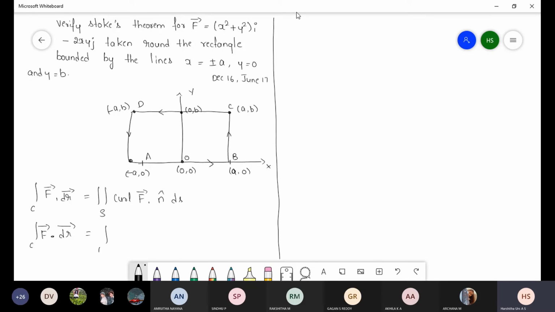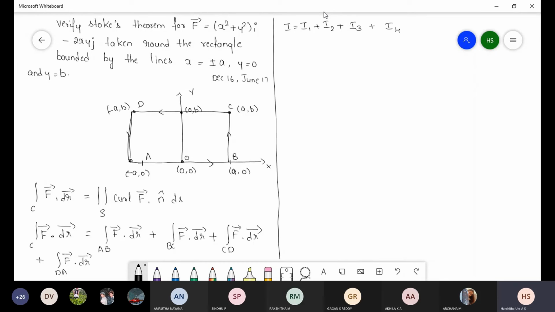So first curve A to B, vector f dot vector dr. Next curve B to C, vector f dot vector dr. Next C to D, vector f dot vector dr. Plus again see the direction D to A, vector f dot vector dr. Now I just define this in terms of I is equal to I1 plus I2 plus I3 plus I4.